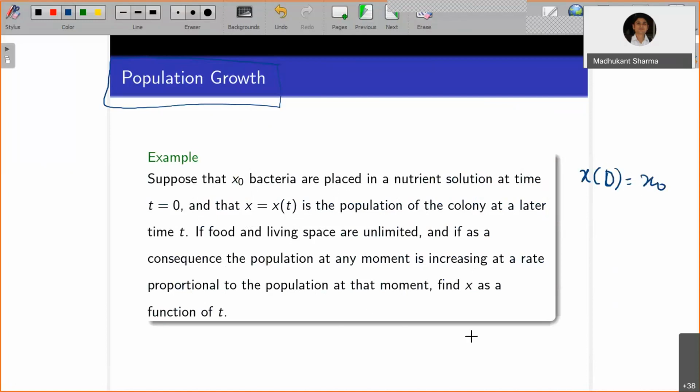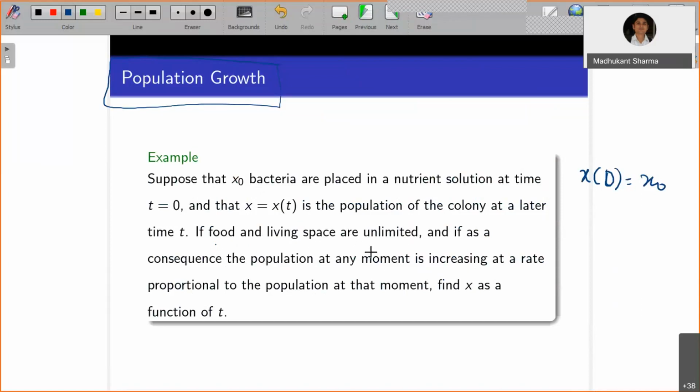That means after the initial stage, at 4 seconds, 5 seconds, and so on. There are further assumptions that food and living space are unlimited, meaning there is no drought and no starving, so there's not much fight.